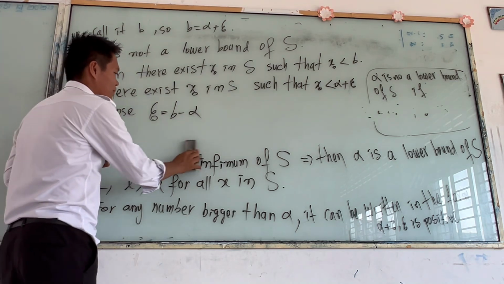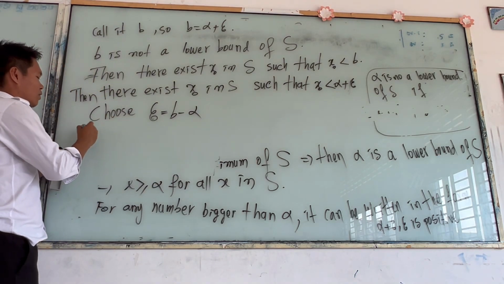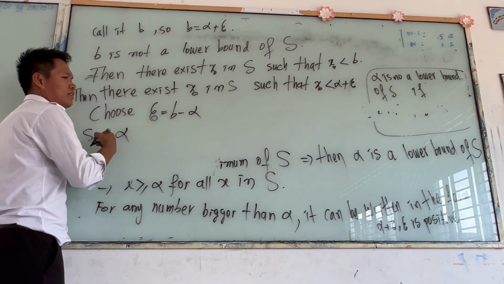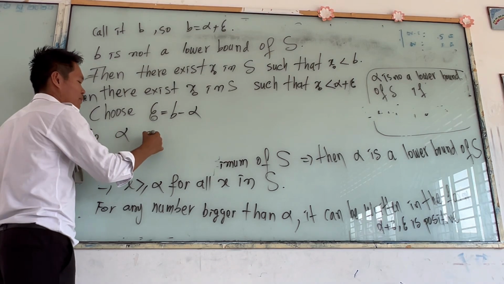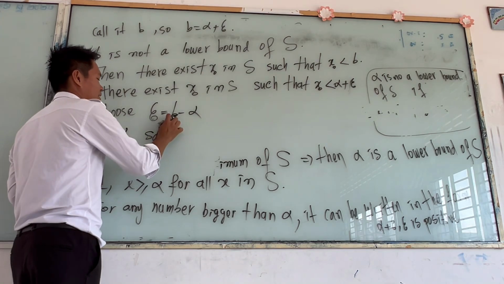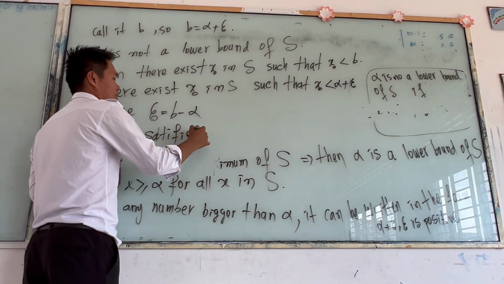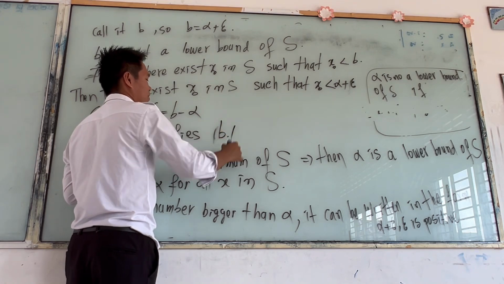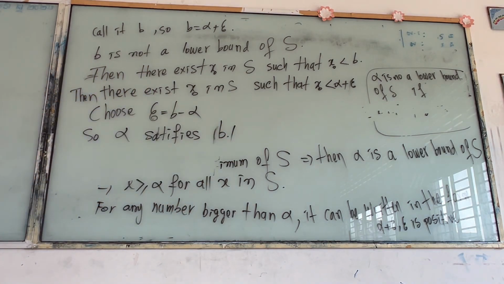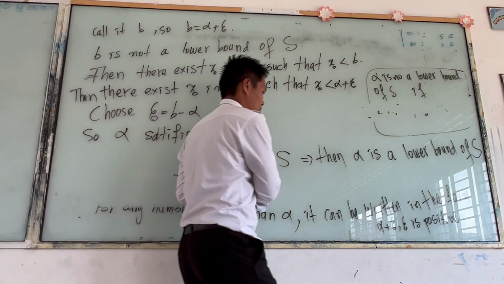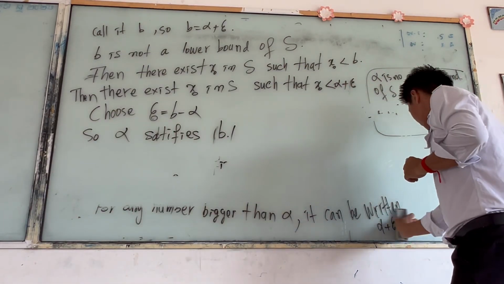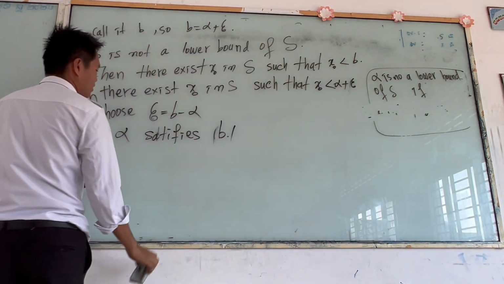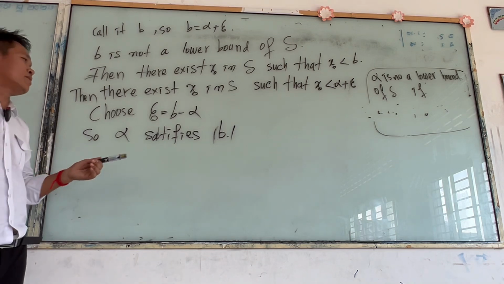Okay. And from this, alpha, that is the infimum of a set S, satisfies condition B, or property B. In general, we can choose epsilon equal to b minus alpha.